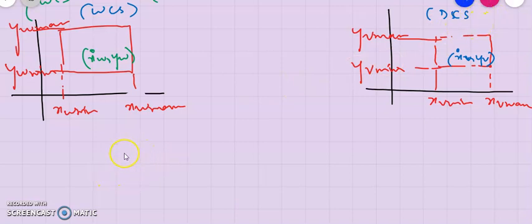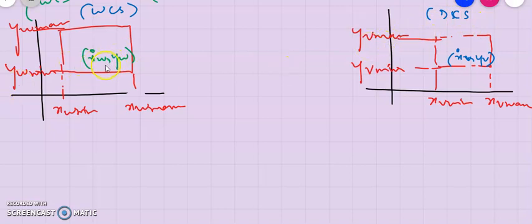Right, so whenever I want to do it, the first thing to remember is the proportion of your point in the world coordinate system with the lower left of the window, right? So this distance has to be in proportion with this particular distance on the viewport with the lower left point, right? So the relative proportions have to be matched whenever I perform my world coordinate system to device coordinate system conversion, right?